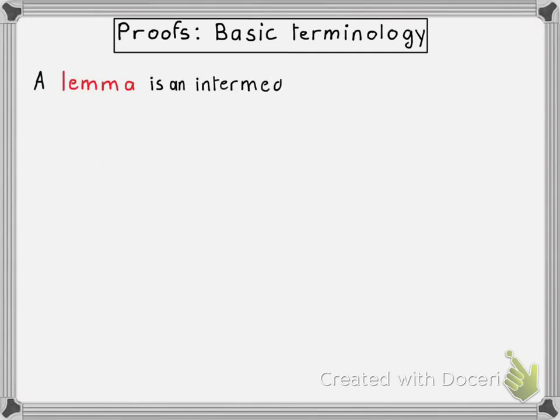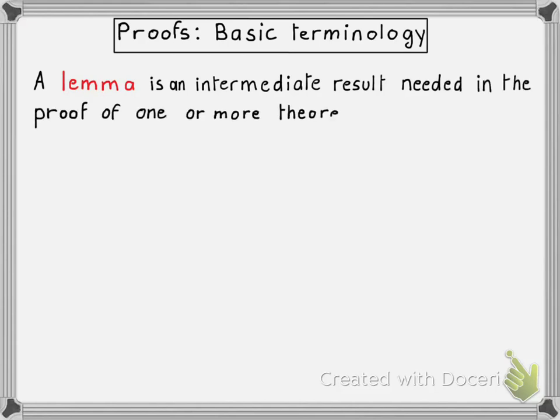Our next definition is a lemma. A lemma is also a kind of true proposition that was proved, but it's really just an intermediate result. And that result is needed in the proof of another or more than one other theorems. Remember how in a proof every step must be justified, either as a premise or as the result of the application of an inference rule to earlier steps in the proof.